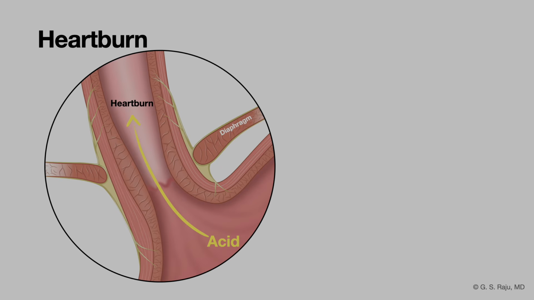So how do we prevent acid from coming up into the esophagus all the time? You have to think about the diaphragm and the muscle around the esophagus, that's the crura, and the lower esophageal sphincter and a valve, that is the flap valve.